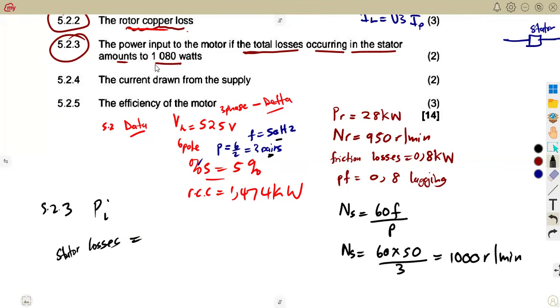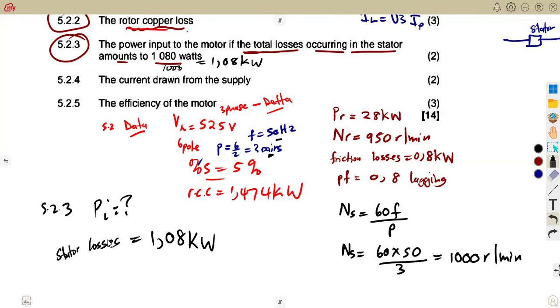Just divide by 1000 to convert to kilowatts. It's going to be 1.08 kilowatts, since the other powers or losses are in kilowatts. So the question is, we need to determine the input.